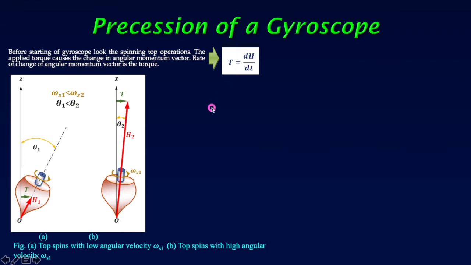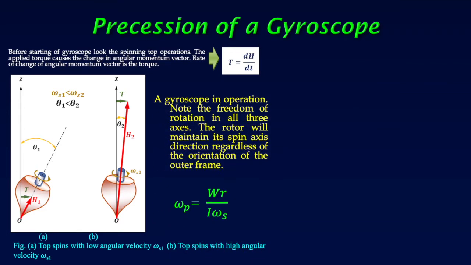Now, to understand the concept or mechanism of a gyroscope, we'll take the help of the spinning of a top that I have discussed in the last chapter. So again come to that discussion.